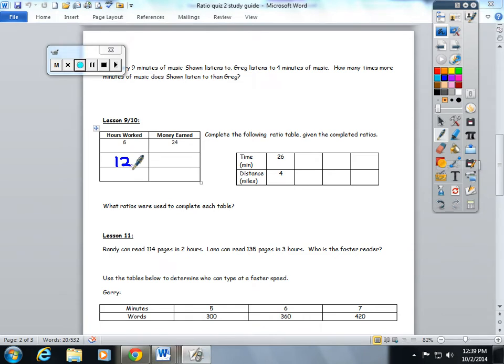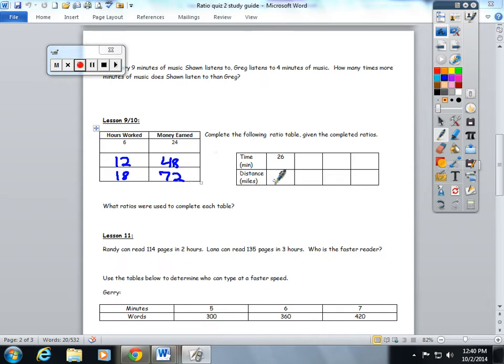And the money earned would be 48. So we upscaled it to 12. And next we're going to upscale it again to 18. And then on the money earned, we're going to upscale it by 2 to 48. Then upscale it again to 72.